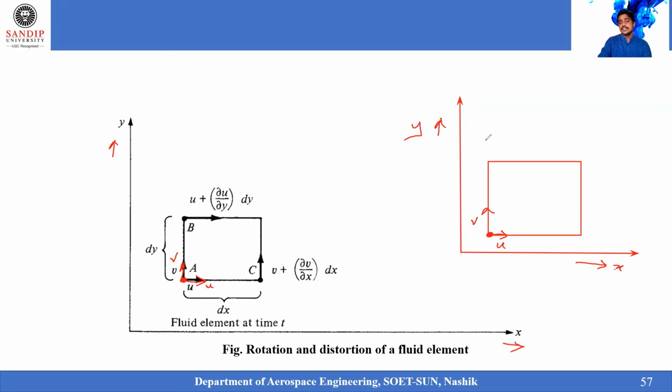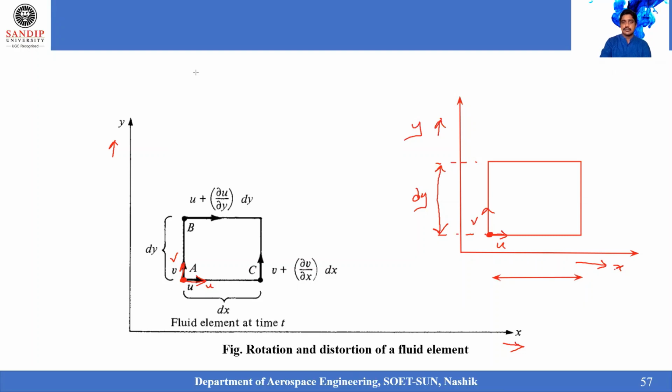Now you just see this fluid element. Along the y-axis it has been separated by a distance of dy, and along the x-axis it has been separated by a distance of dx.